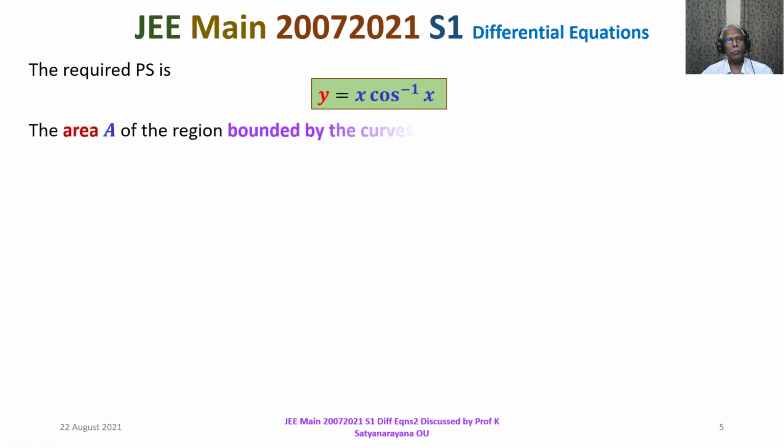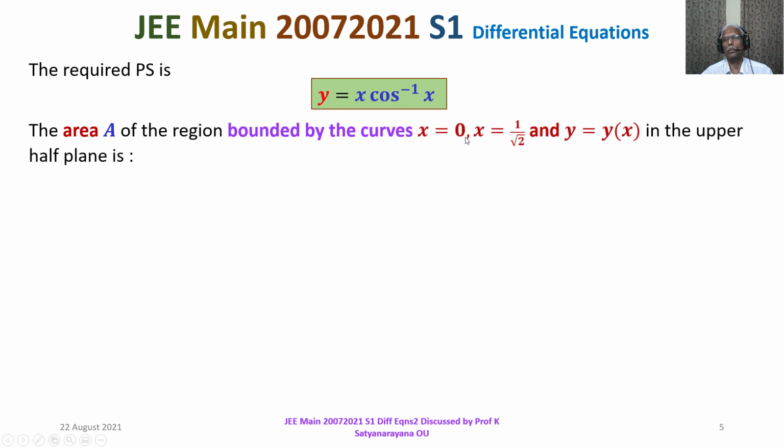The area capital A of the region bounded by the curves x is equal to 0, x is equal to 1 by root 2, and the particular solution y is equal to y of x in the upper half plane is, what's the formula, equal to integral 0 to 1 by root 2 of y dx, and y is x cos inverse x dx.